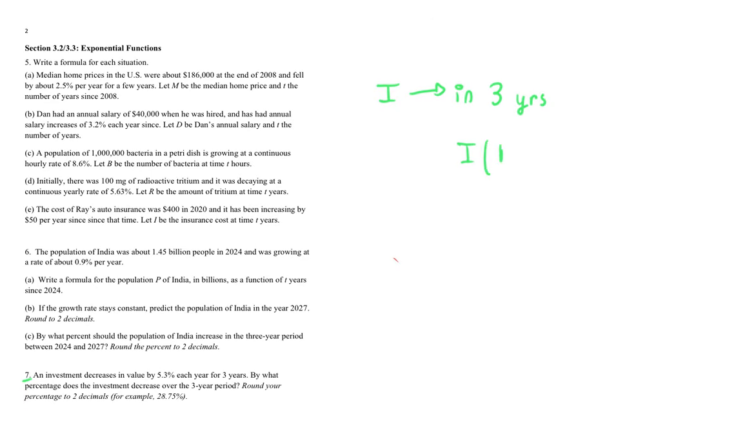So 1 minus 0.053, because we're decreasing, to the third. So it's going to be I times 0.947 to the third, 0.84927.